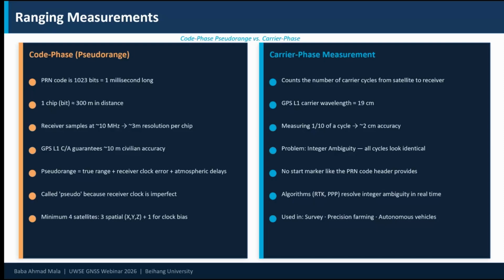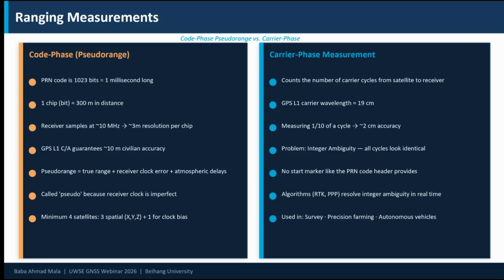In carrier phase, we count the number of carrier cycles from satellite to receiver. These are some of the differences. Here we have a chip, which is 300 meters in distance. In carrier phase, we have the GPS L1 carrier, which is 19 centimeters.